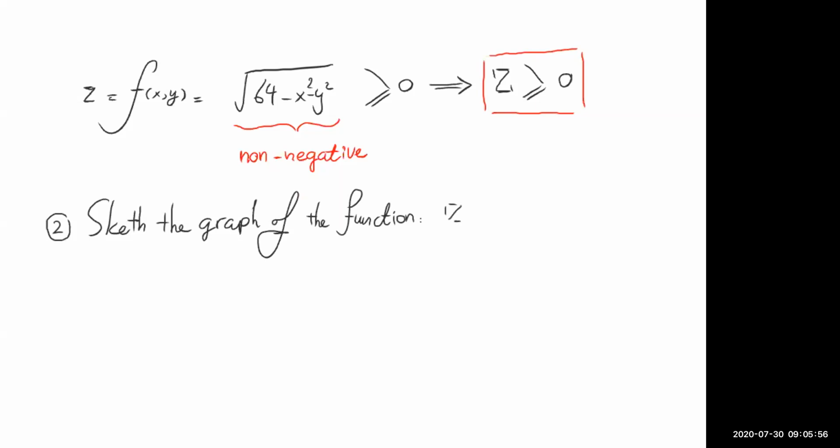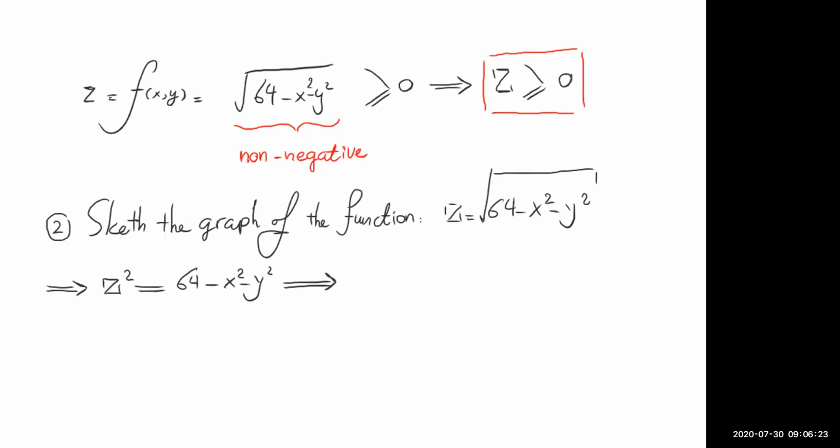Well, z is equal to square root of 64 minus x squared minus y squared. If I square both sides of this equation, I can see z squared equals 64 minus x squared minus y squared.